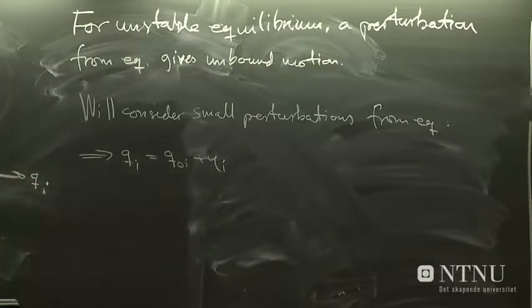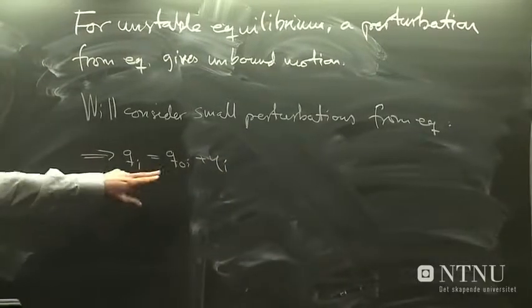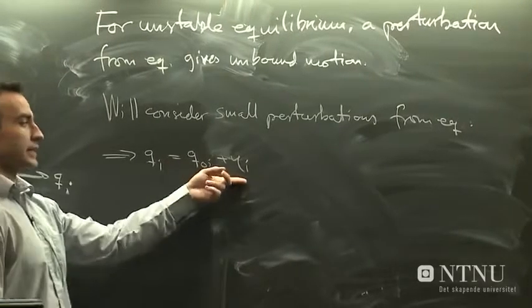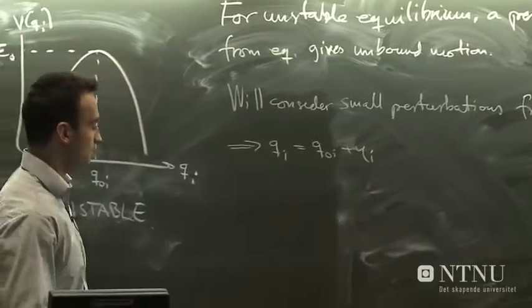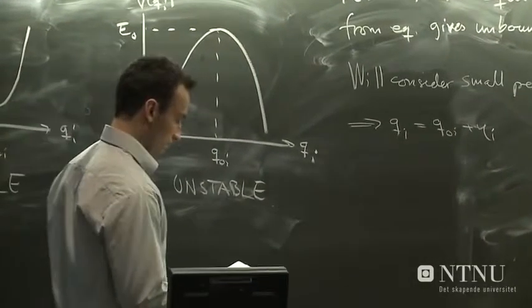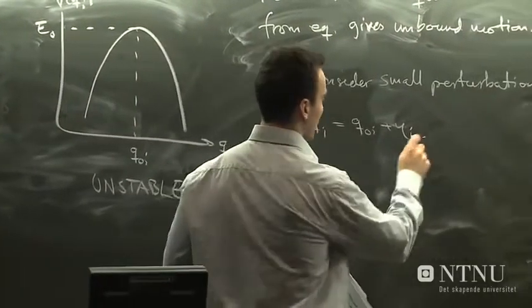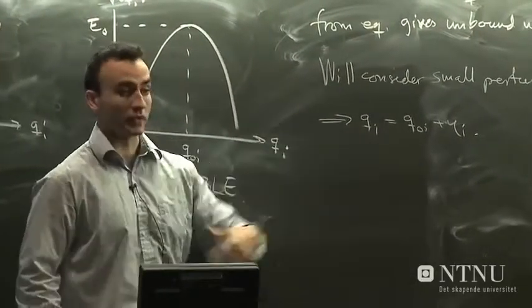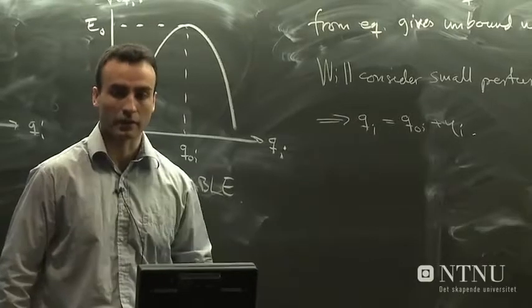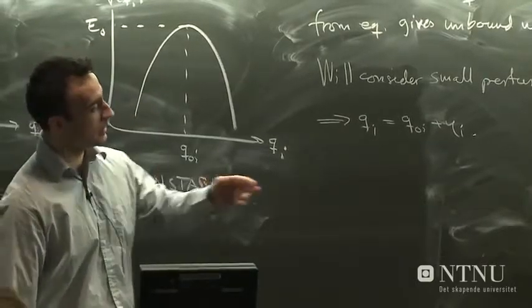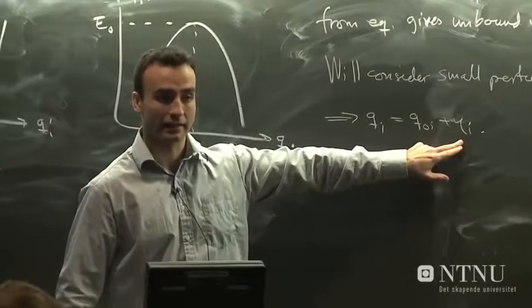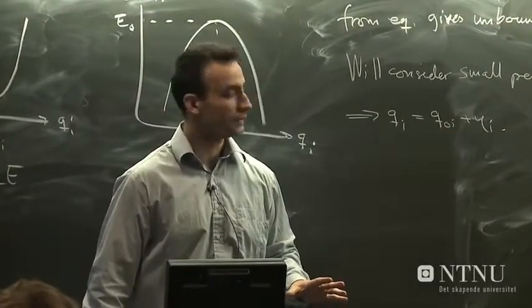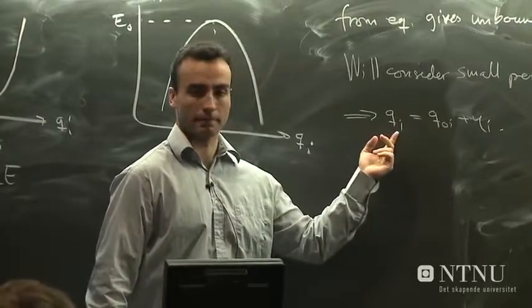We write the generalized coordinate as an expansion around its equilibrium configuration. The perturbation here is denoted eta i. Now qi is our generalized coordinate, and q0i is just a constant corresponding to the equilibrium configuration. So we might just as well consider eta i, the perturbation, as our new generalized coordinates. It's just a linear shift compared to qi.